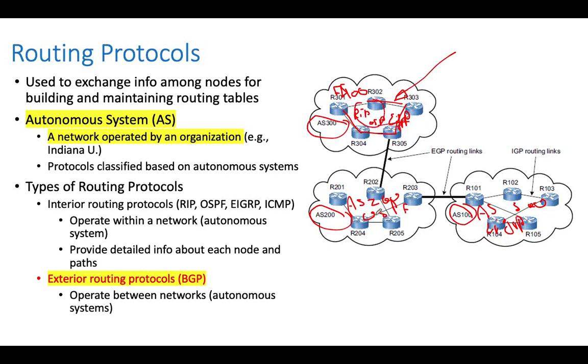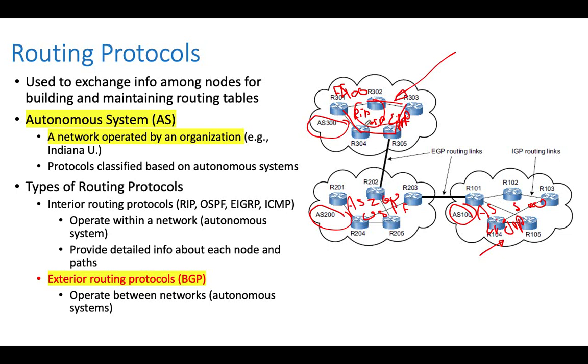If you configure those ones as OSPF, all the routers inside that AS become OSPF. If you configure that as EIGRP, all routers inside the AS will be EIGRP. Okay, so this is EIGRP, this is OSPF, this is RIP.